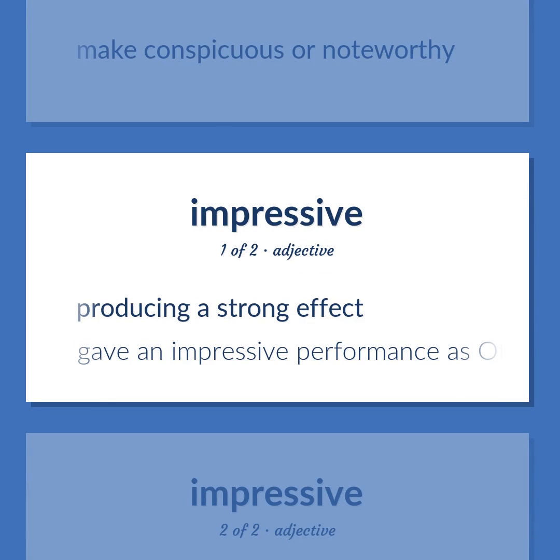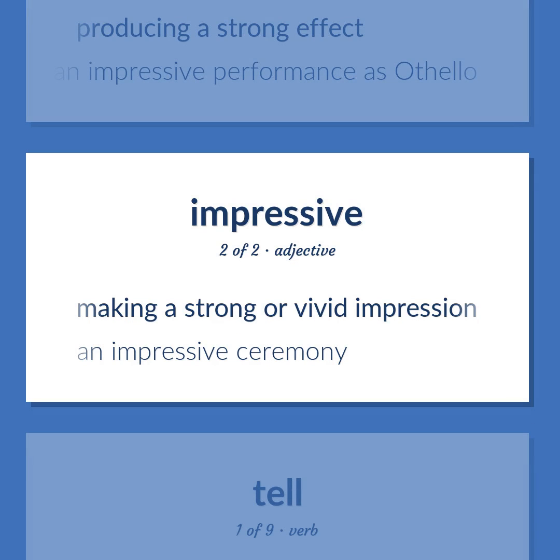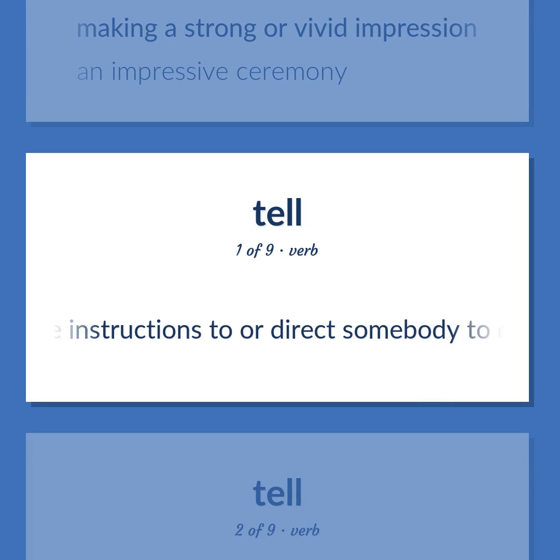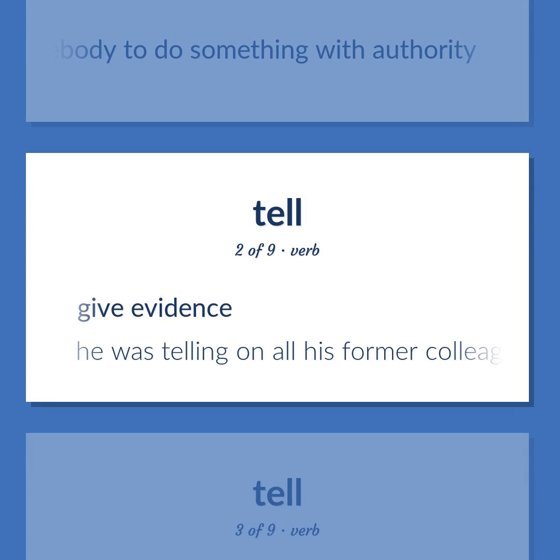Producing a strong effect. Gave an impressive performance as Othello. Making a strong or vivid impression. An impressive ceremony. Give instructions to or direct somebody to do something with authority. Give evidence.